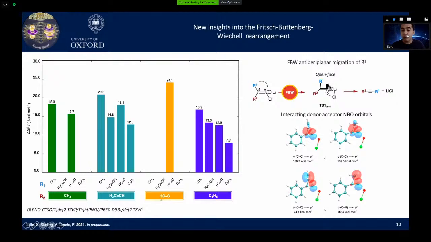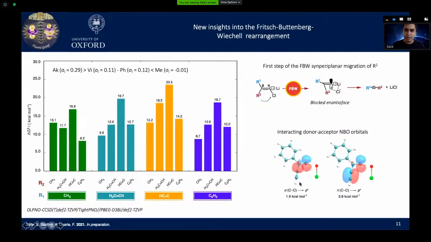So this means, in agreement with the stereoelectronic interactions, that there are stronger conjugation interactions from the pi migrating groups than from the groups that have hydrogen atoms, through hyperconjugation from the carbon-hydrogen bonds.